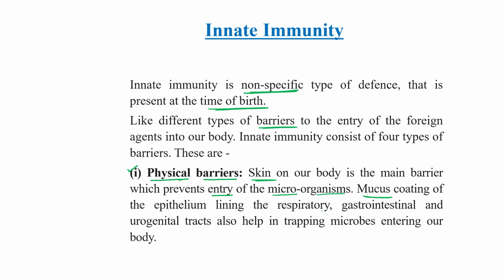Similarly, this mucus coating is available in our respiratory system, gastrointestinal system, and urogenital system as well, which helps in trapping microbes entering our body. They very easily trap dust particles and microorganisms in the mucus and the hairs present there. So skin and mucus coating act as a physical barrier, the first type of innate immunity.